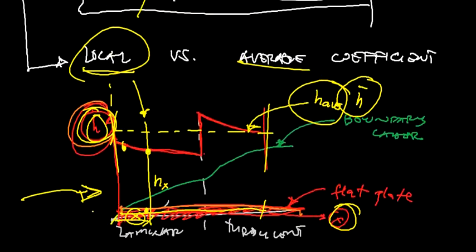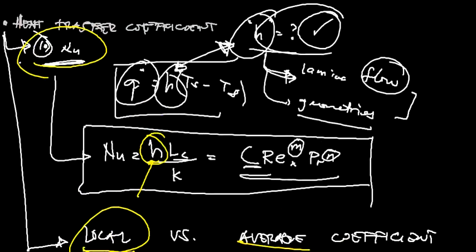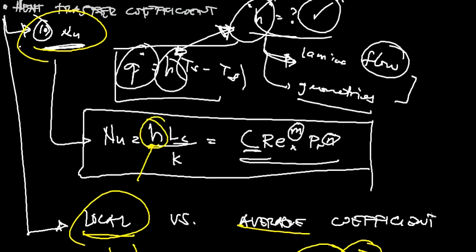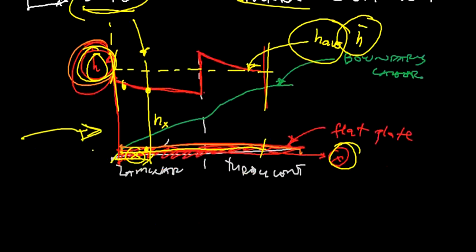Okay, so another thing that we need to know, aside from the importance of the Nusselt number and the local and average h coefficient in defining our heat transfer coefficient, is what we call the film surface temperature.